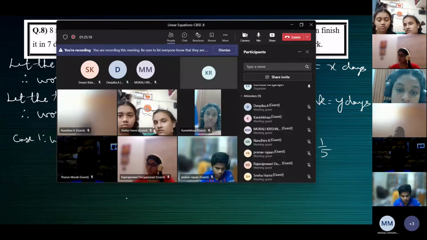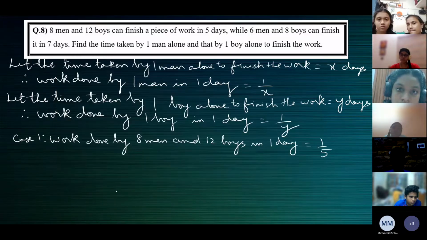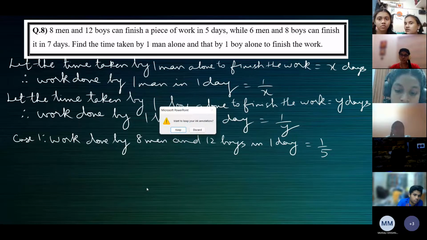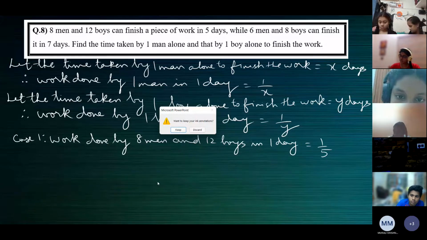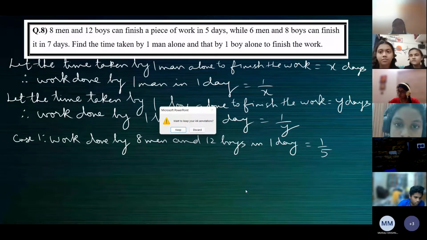Yes or no? Every day you'll do 1/6 of the work. Yes or no, children? Have you all written this? Can I clear the slide?